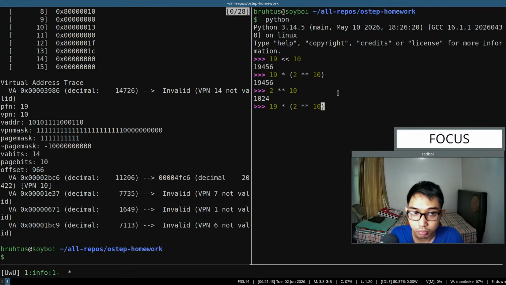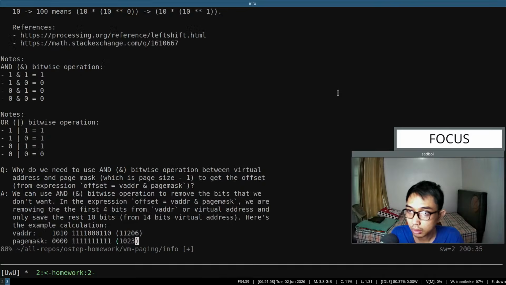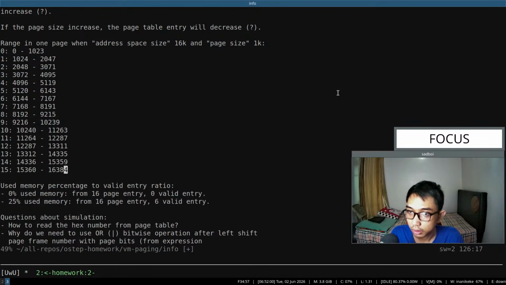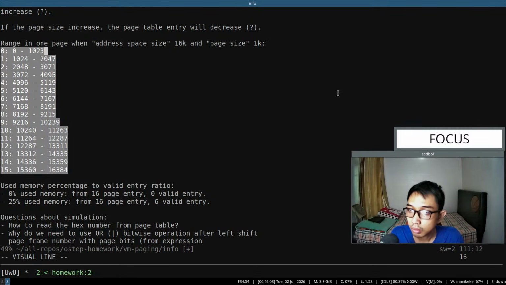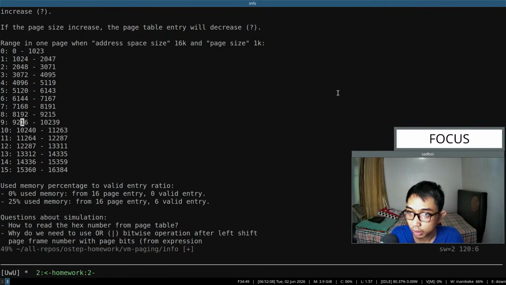Previously it was obviously 10, right? From this page table, I guess we have some range. Yeah, the range is 1K, something like that.